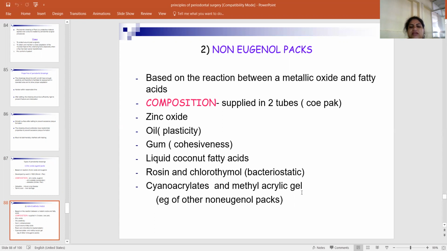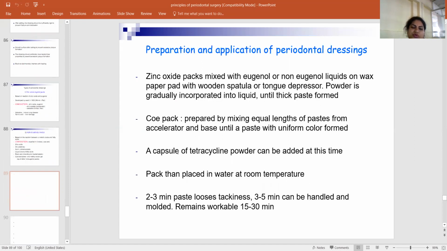Cyanoacrylates and methyl acrylic gel are examples of non-eugenol packs. So this is the composition of the non-eugenol pack: zinc oxide, oil of plasticity, gum, liquid coconut fatty acid, rosin, and chlorothymol.